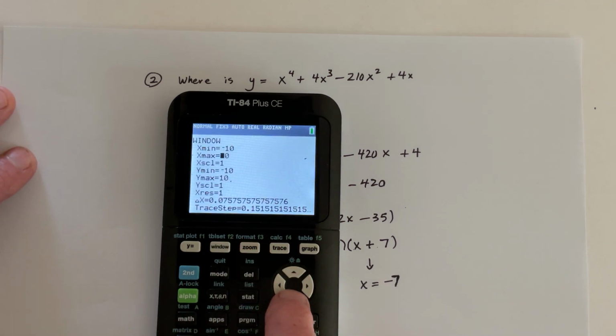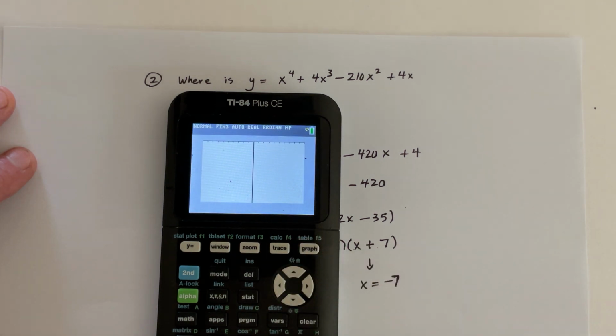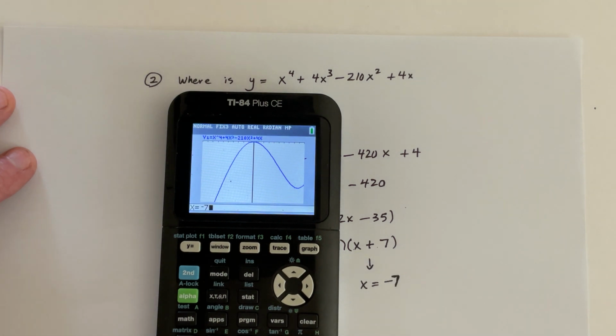So it seems that the y values are way down there. So I'm going to go to negative 10,000 and then see if I could see the graph. All right, so I got x equals negative 7, trace, and put a negative 7.